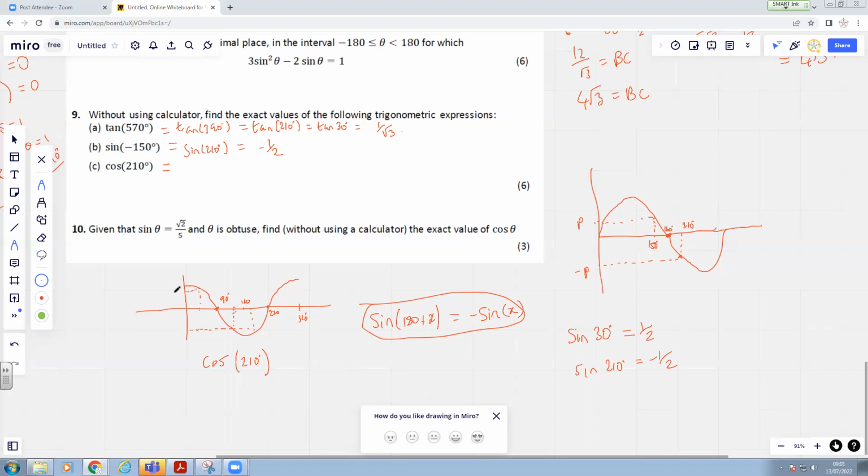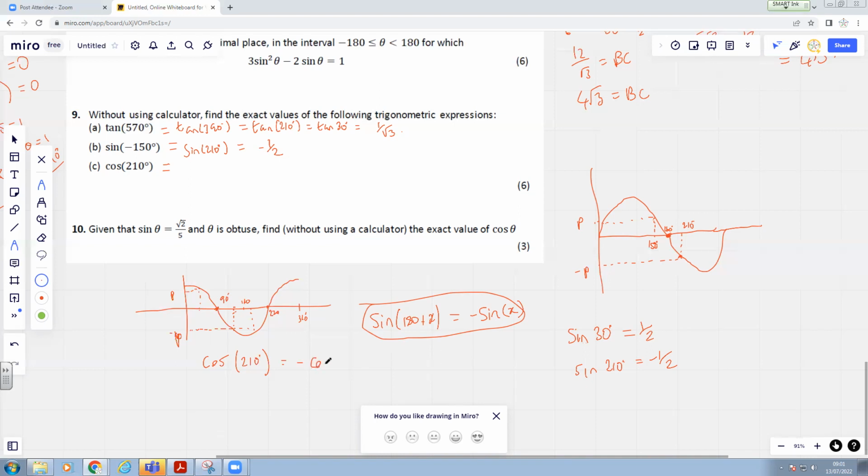So if this is minus p, this would be the same as p. This is hard to do without a calculator, and some people just memorize these results. But basically cos of 210 is the same as cos of 150, which will be the negative of cos of 30. You know cos of 30 is root 3 over 2, and so this is going to be minus root 3 over 2.